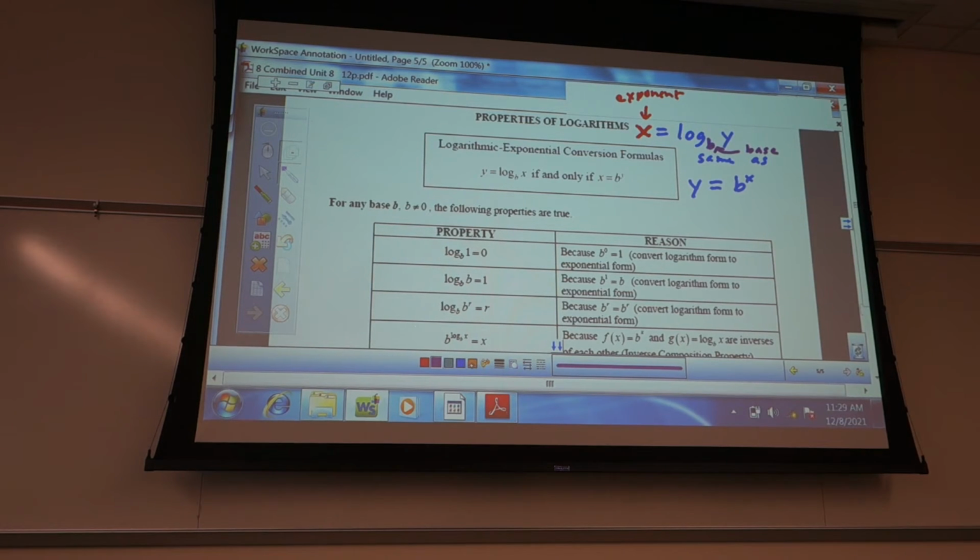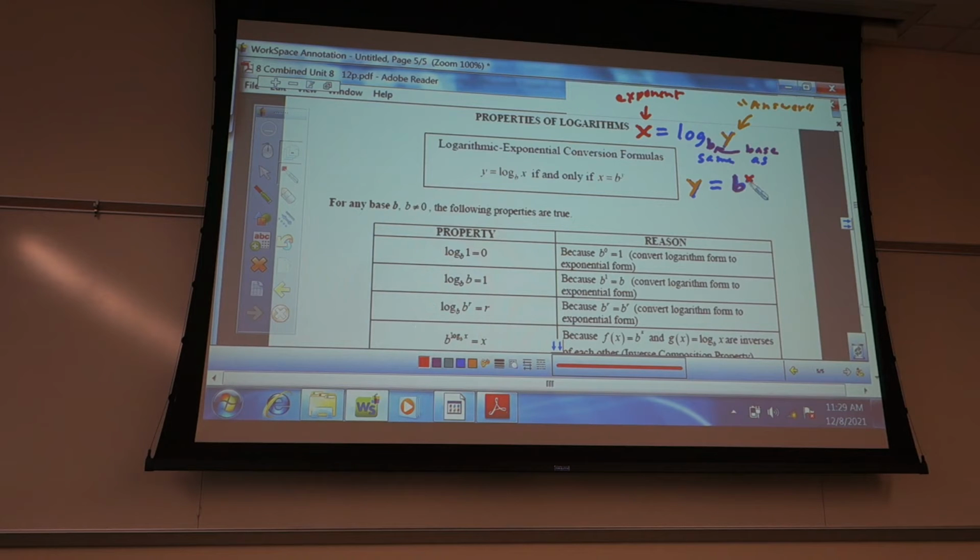And that's my, kind of like my answer. I call it the answer because it's what you get when you switch them around. Right? Your answer equals your base raised to the x power.